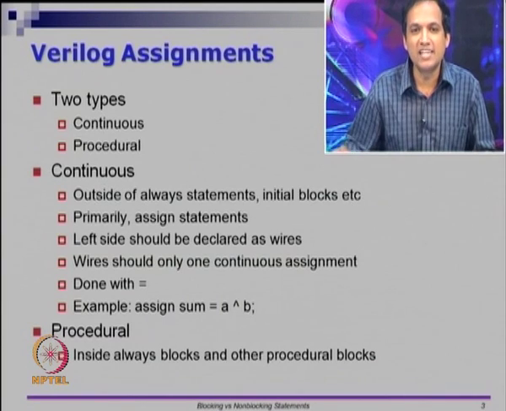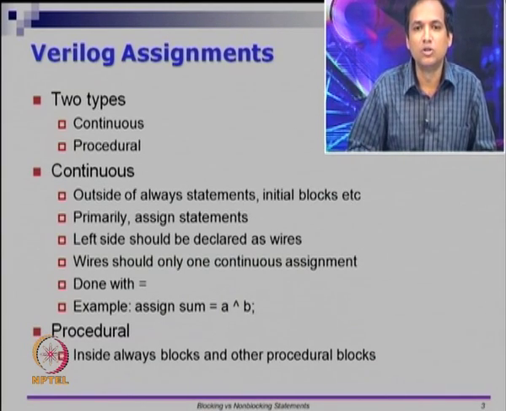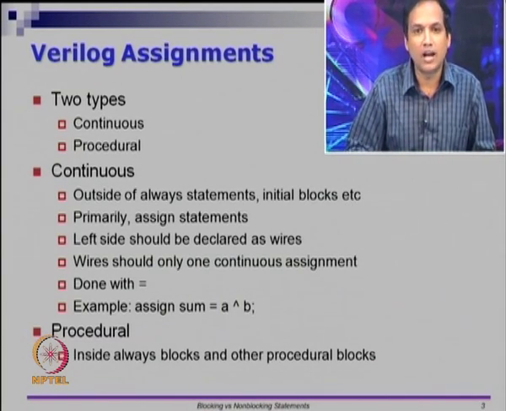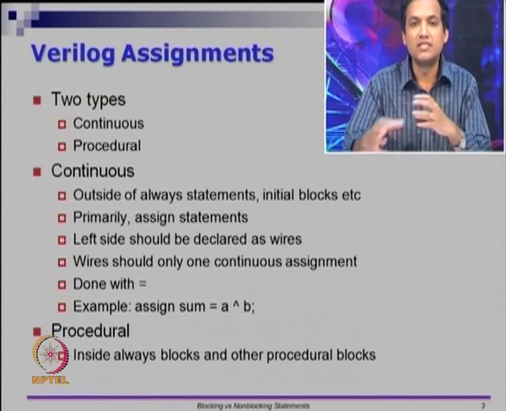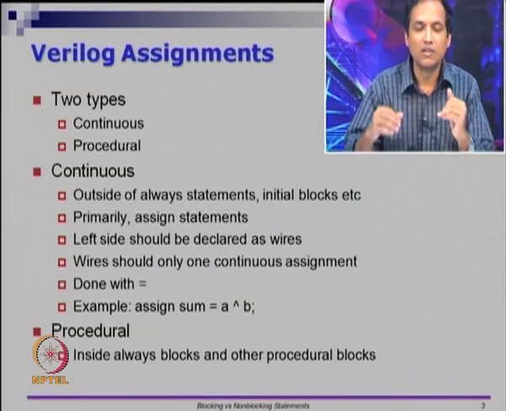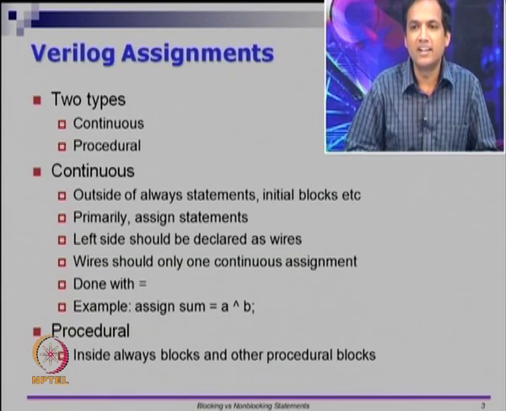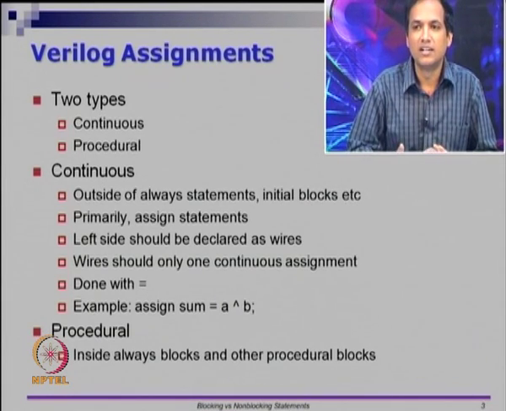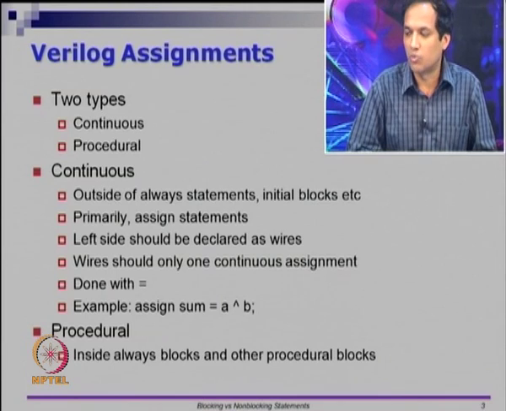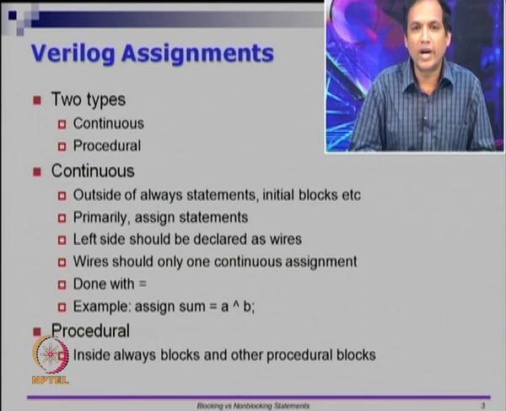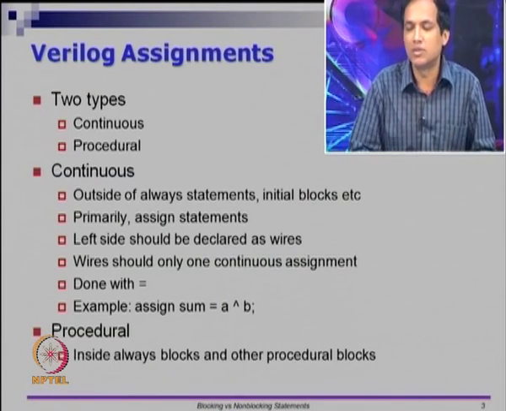Primarily all the assignments that you do with assign statements are continuous assignments, and so is anything that you do with instantiation of logic which you connect to other wires. The left side of a continuous assignment is usually declared as a wire, and wires can have only one continuous assignment. It is usually done with equal to.